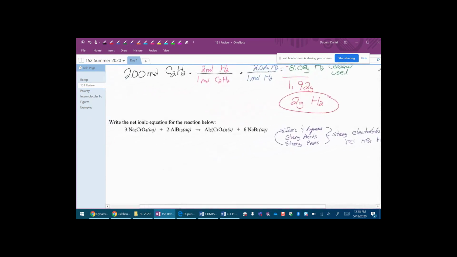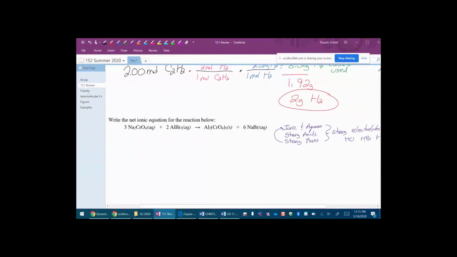So, does sodium chromate break apart in solution? Yes or no? Well, it's an ionic compound because I have a metal and a polyatomic ion, and it's aqueous. So yes, it's ionic and aqueous.